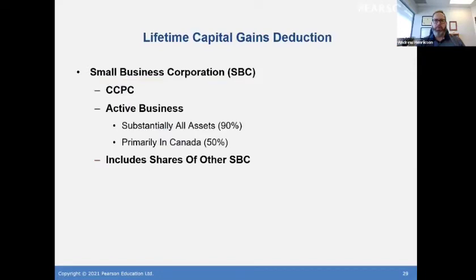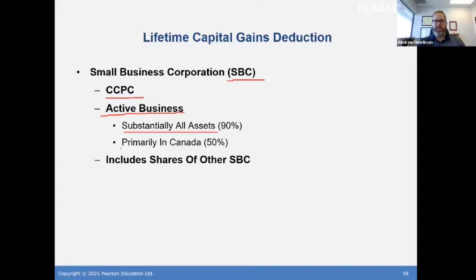Small business corporation being defined as a CCPC with active business, substantially all of the assets, 90% or more, are in active business.